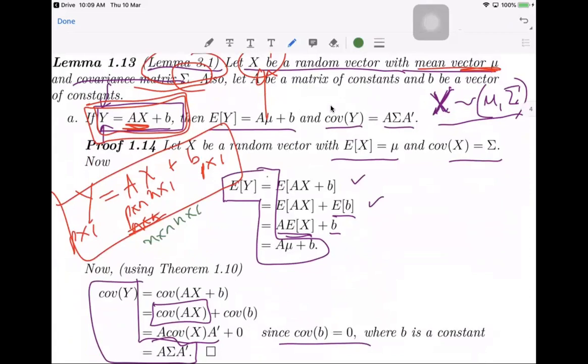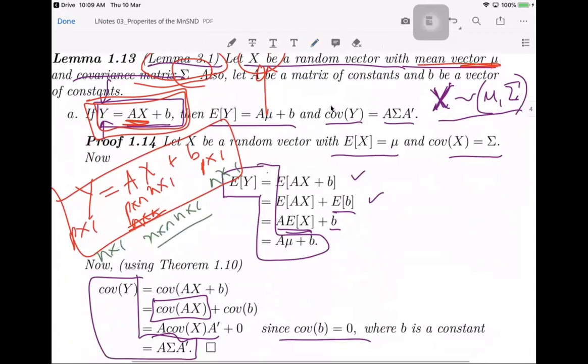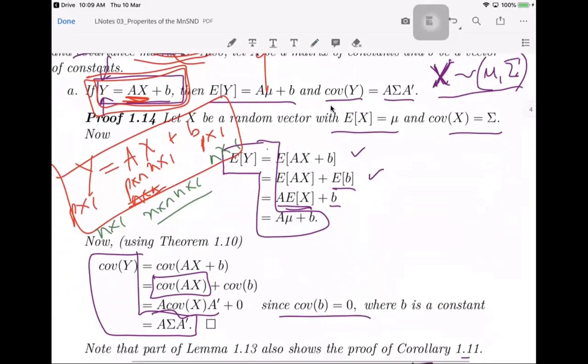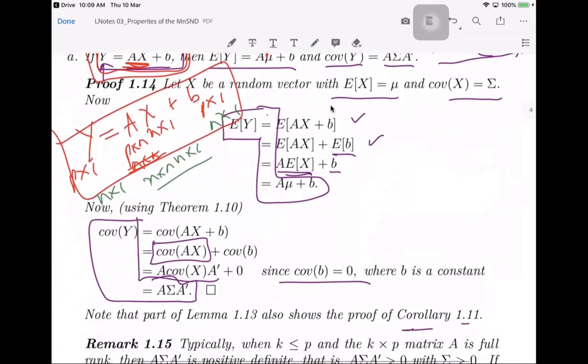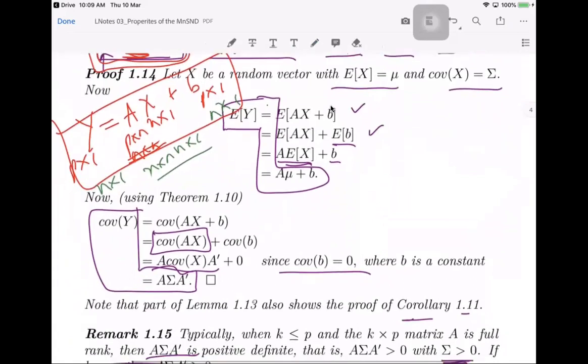And the result is n by 1, so your B here should be n by 1. Are you following? Did you understand? Yes, ma'am. So as long as in your transformation of your random vector, everything here should be conformable.